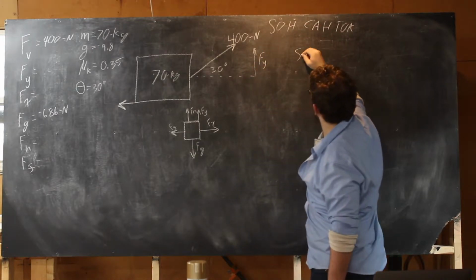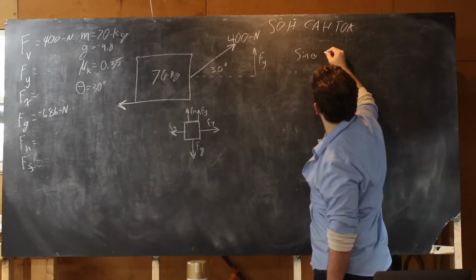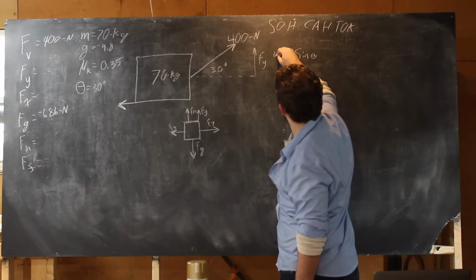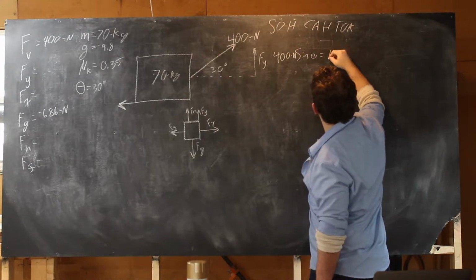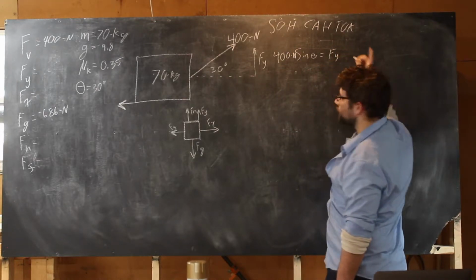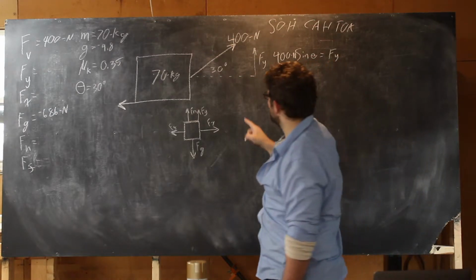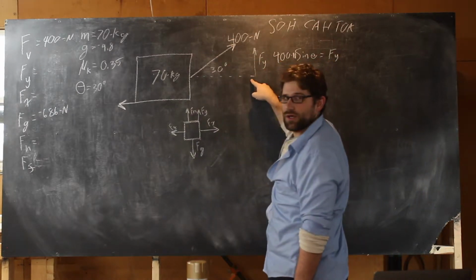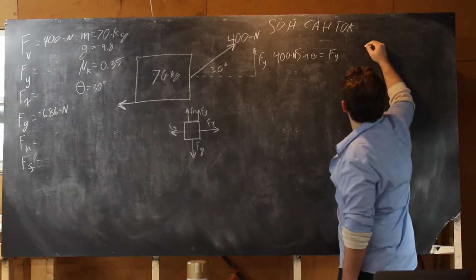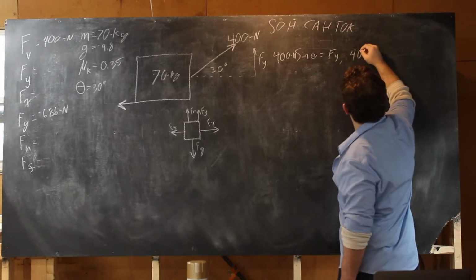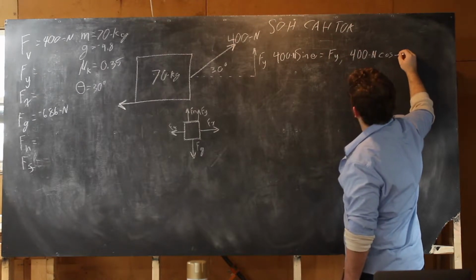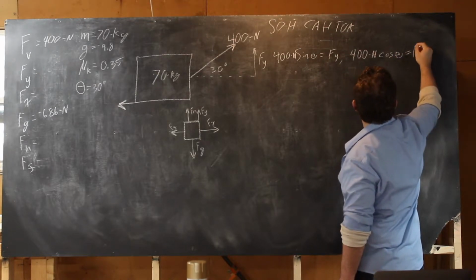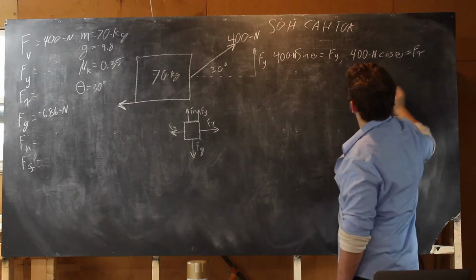So, sine theta times that 400 newtons is going to equal the force in y. Likewise, my adjacent line is my force in x. So, that 400 newtons times the cosine of theta is going to equal my force in x.